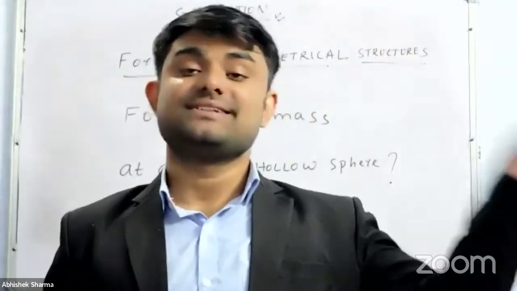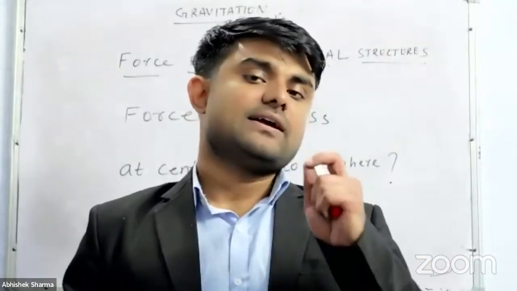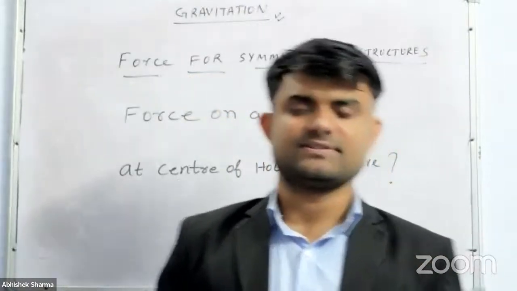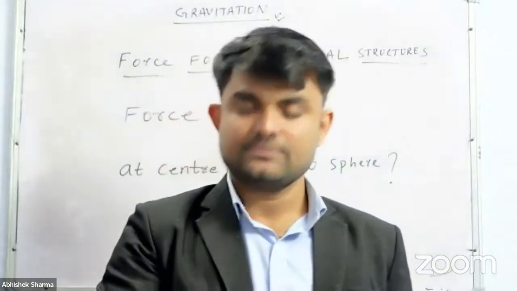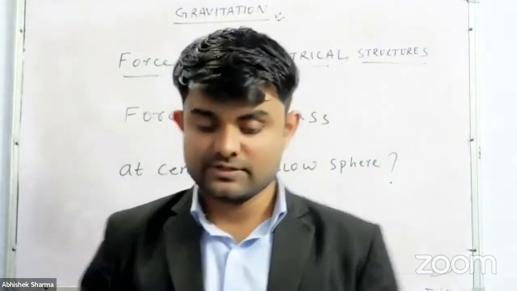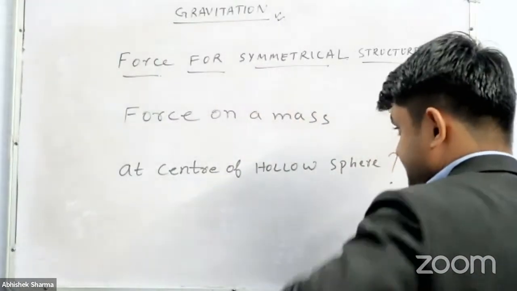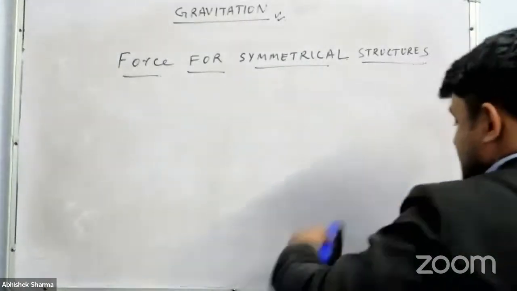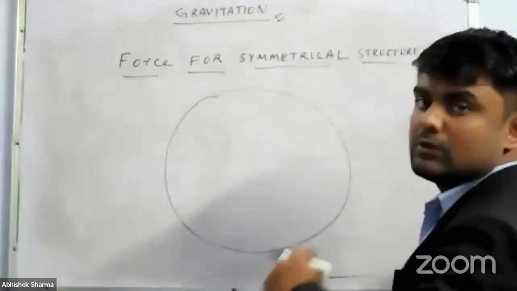You have a big hollow sphere, but all the mass is at the periphery portion. At the center, if I keep a small test mass m naught, a unit mass, what will be the net force? Any answers, please? Anybody in the live chat or in the Zoom chat? Good. So for the hollow sphere, suppose this is a hollow sphere.